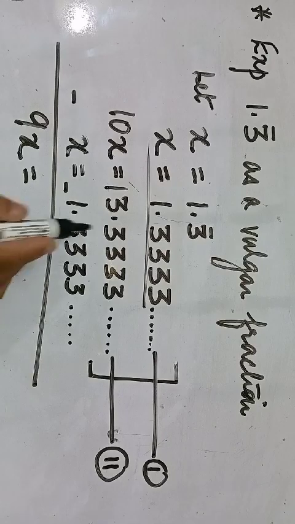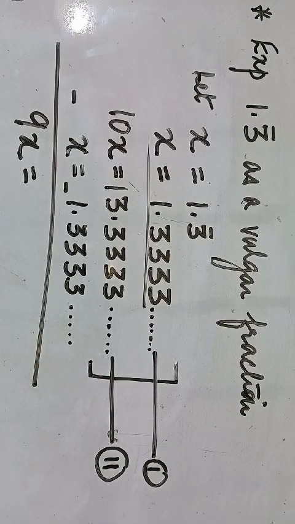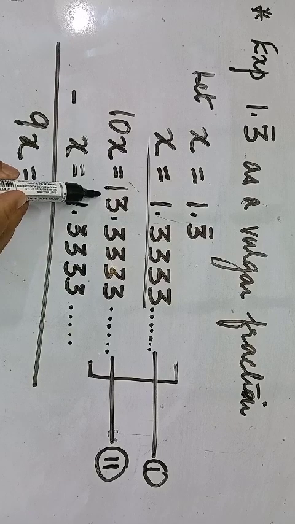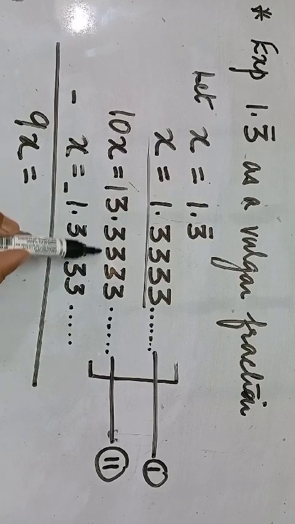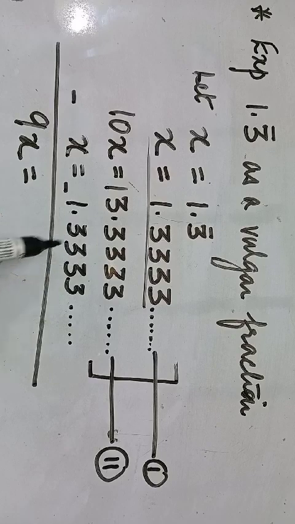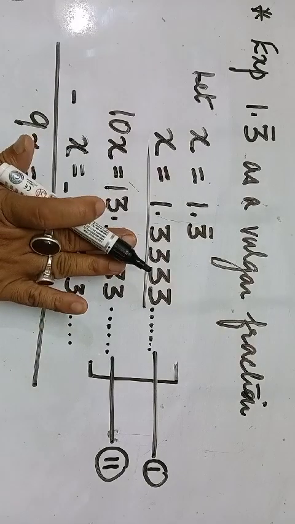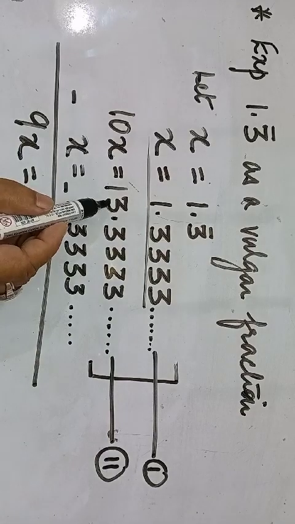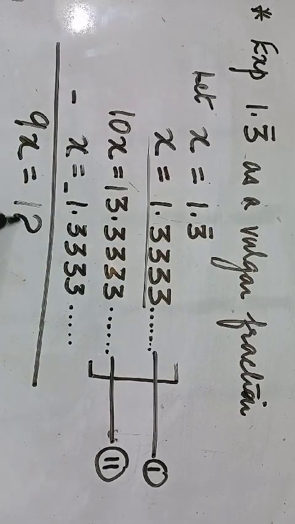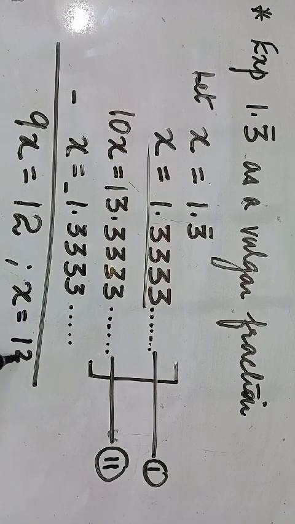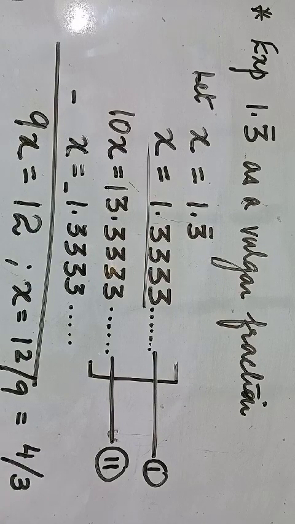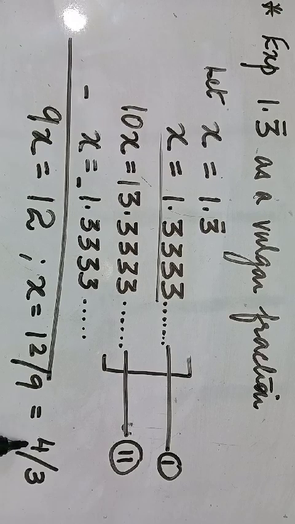Similarly, on the right hand side, if you notice, children, this is the reason why we subtract: the decimal portion of both these numbers is exactly the same. Therefore when you subtract, the decimal portion will go away and you will be left with 13 minus 1, which will give you 12. Which will essentially give you x as 12 upon 9, which is 3 4s are 12 and 3 3s are 9, so you get 4 by 3. What is this that I have got? This is nothing but my x.